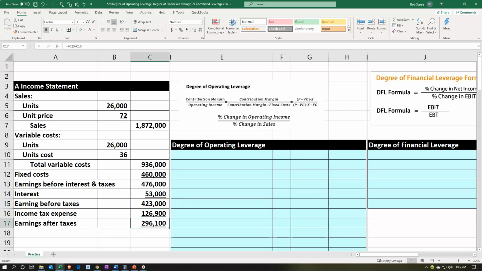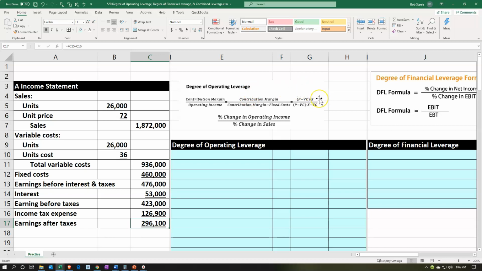All right, the degree of operating leverage we're going to calculate using this formula up top. Again, there are a couple different ways you could think about how to calculate it: contribution margin over operating income. Contribution margin is the sales minus the variable cost, but you can also calculate it as the price per unit minus the variable cost per unit, times the number of units.